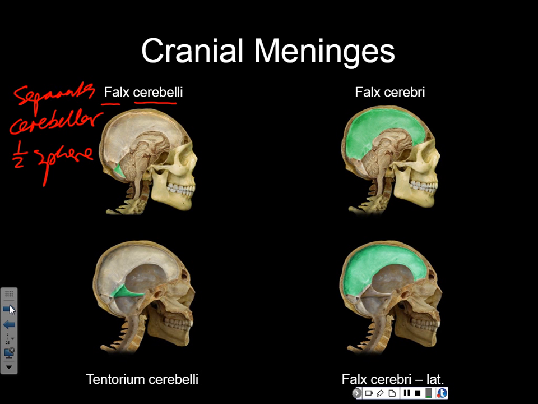And then this one, you would guess what it separates. Falx cerebri. What does it separate? This dural fold that runs on the sagittal plane separates the cerebral hemispheres, the main hemispheres.